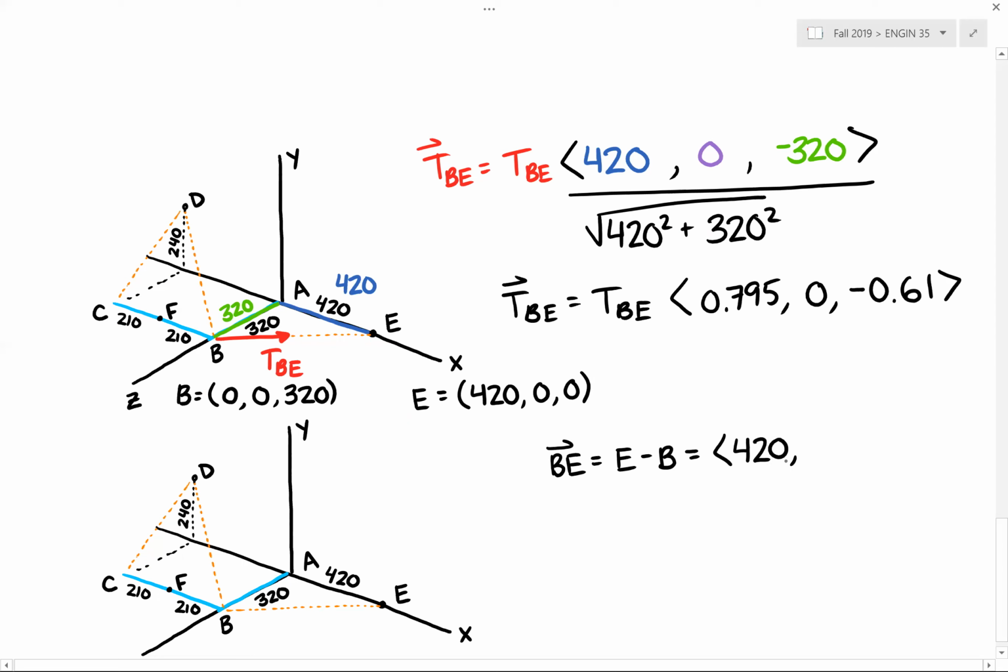In the Y direction, we have 0 minus 0. And in the Z direction, we have 0 minus 320.